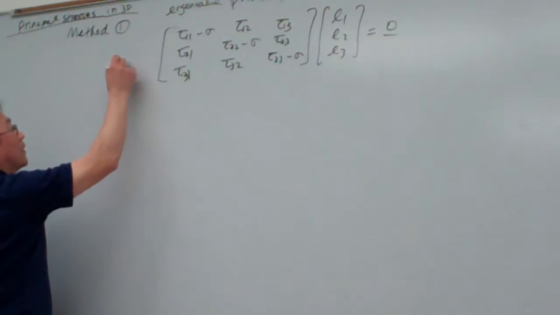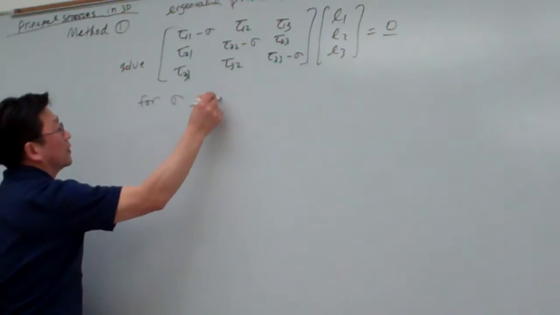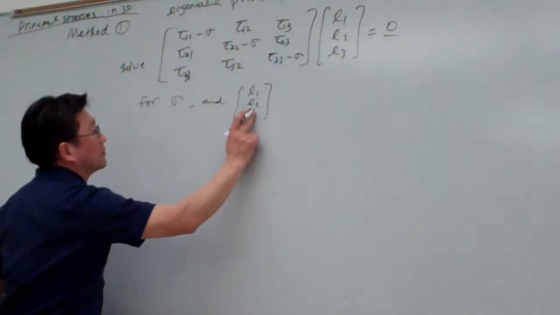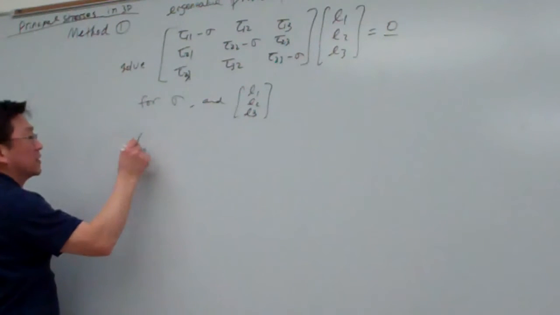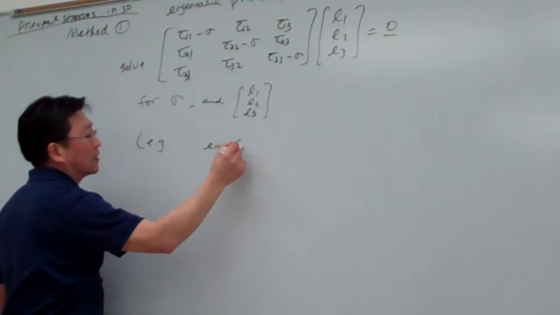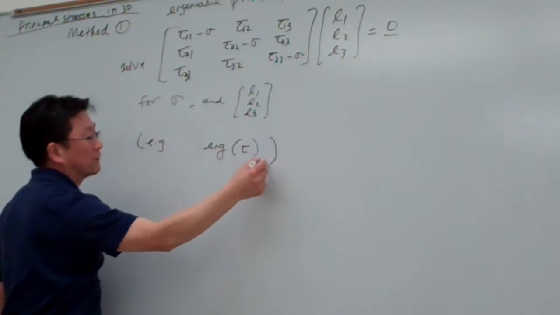So solve for this one, for sigma and L1, L2, L3. For example, you can use MATLAB using the eig and say tau. Okay, tau is the given stress vectors.